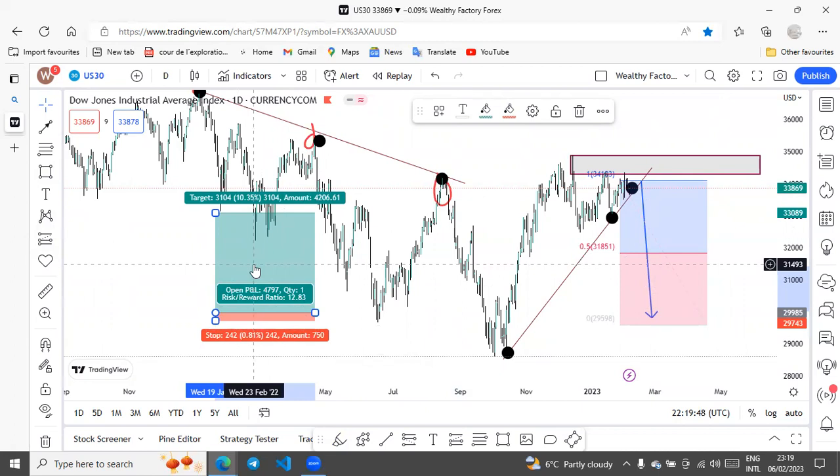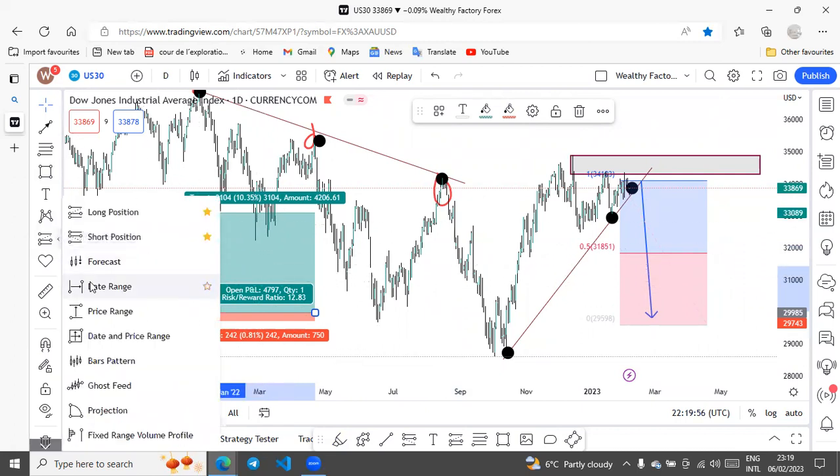Sorry guys, I'm very fast because I have to keep this video short and make sure that you guys are able to follow. Then we have the sell one here, the short position. Sell is called short, and buy is called long in the forex market.